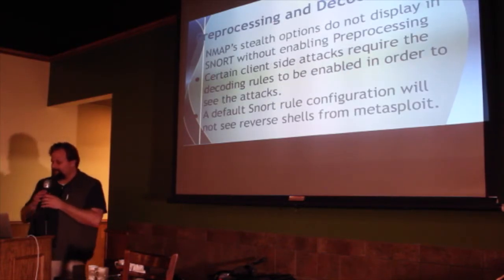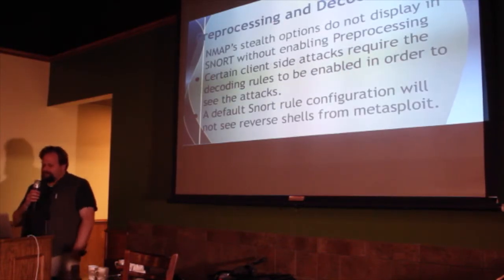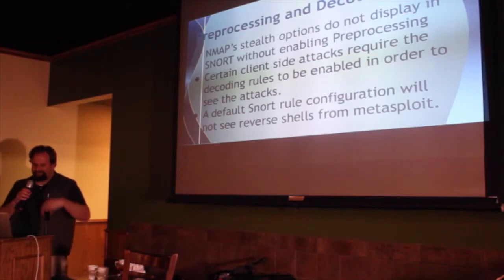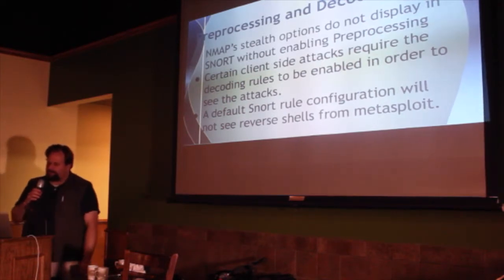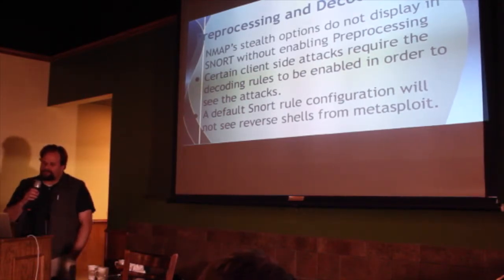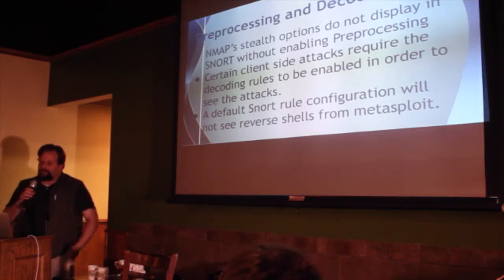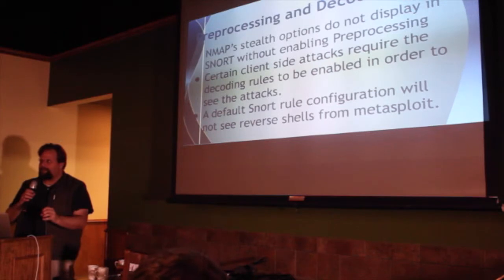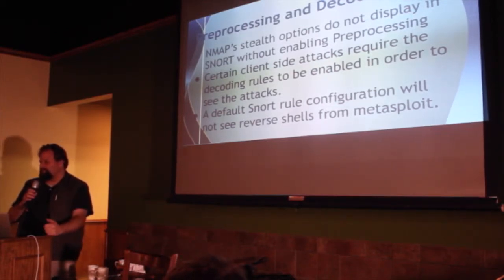Sorry, let's keep going. Pre-processing is a feature that's in Snort, and I think there's some pre-processing features in Suricata, but I'm not really familiar with it. I'm pretty certain they both support it. Pre-processing allows it to go through the traffic as the IDS signatures are coming through. Most Nmap scans don't show up inside of Snort.